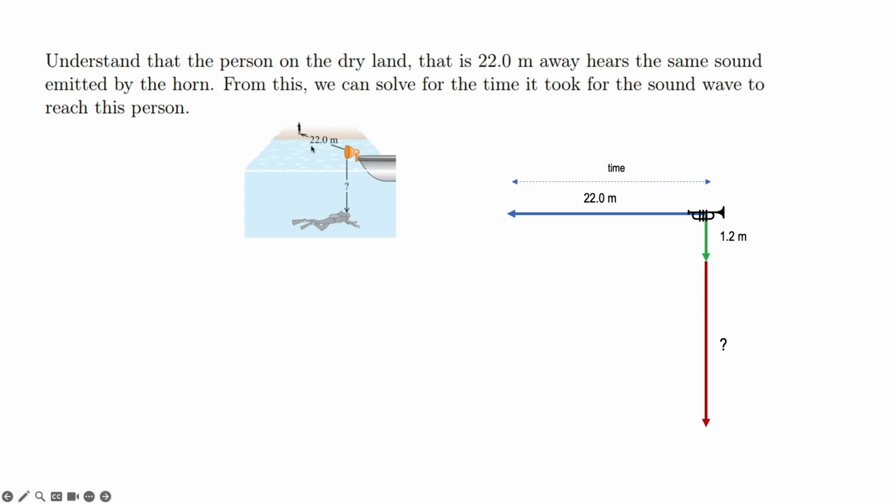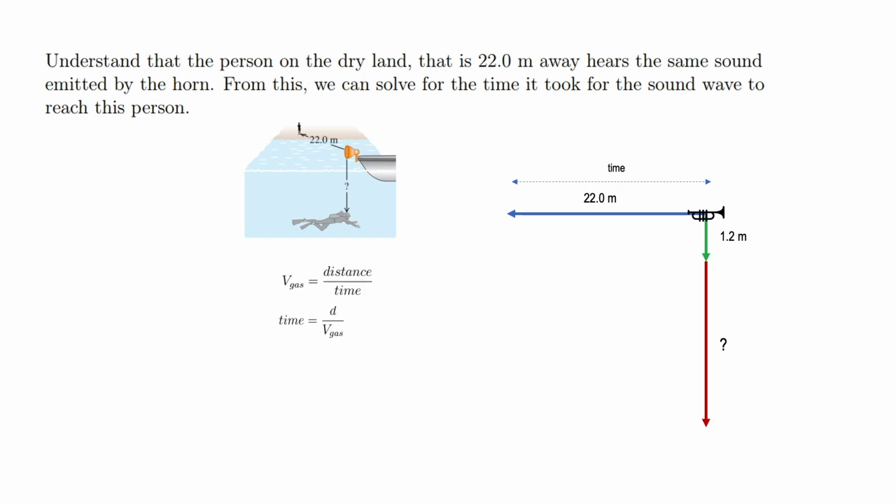So how do we do that? Simply, we take the equation for velocity, or simply the magnitude of the velocity, which is just speed. We take it as the distance traveled by the sound wave divided by the time it took for the sound wave to travel that distance.